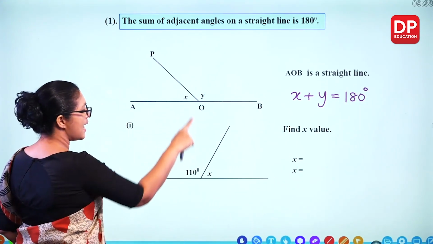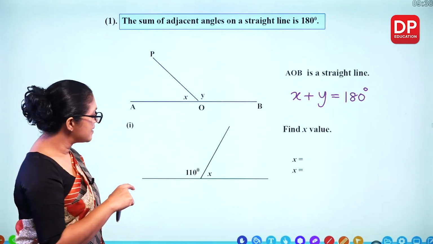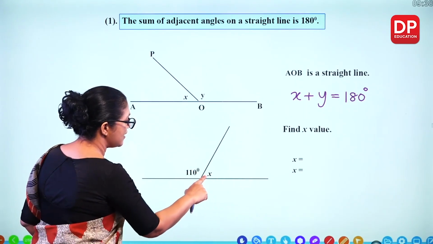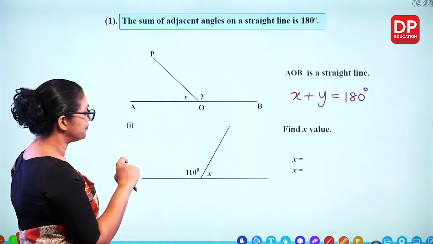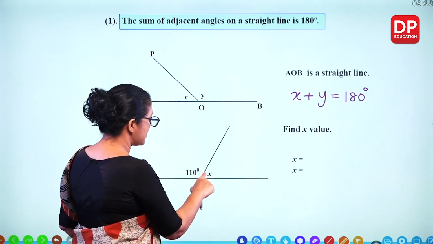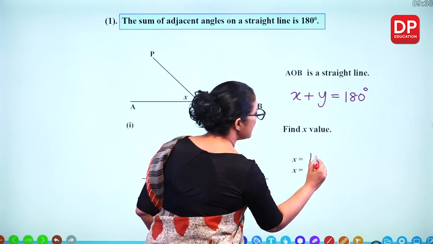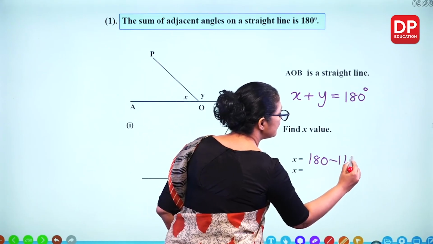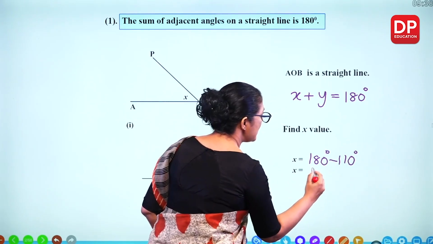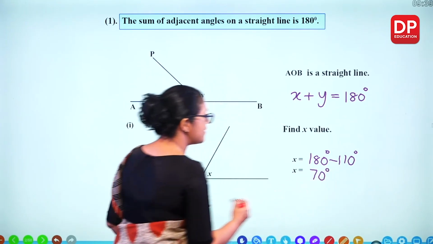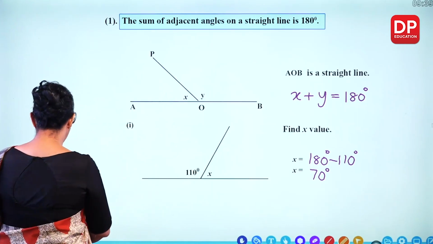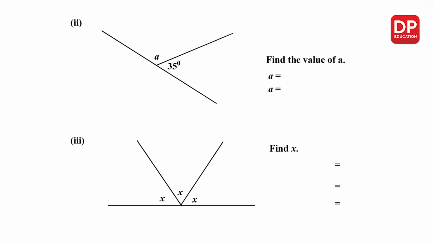Now we'll apply that in this example. This is a straight line. So how do we find x? We know x is 180 minus 110. So what's that? You get 70 degrees. This is also a straight line.